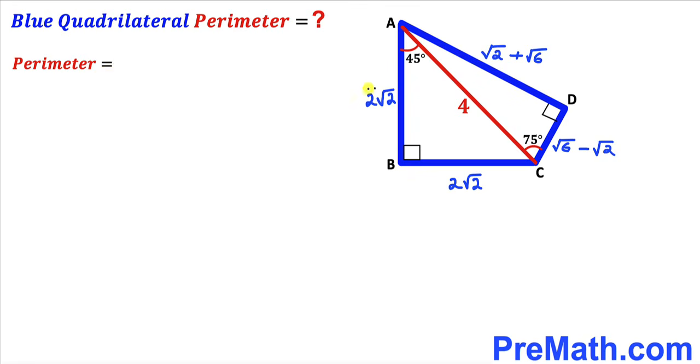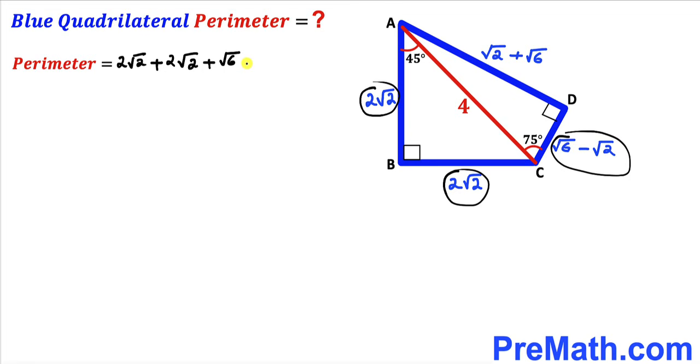We are going to write down 2 times the square root of 2 plus likewise 2 times the square root of 2 once again, plus the square root of 6 minus the square root of 2, and plus finally the square root of 2 plus the square root of 6.